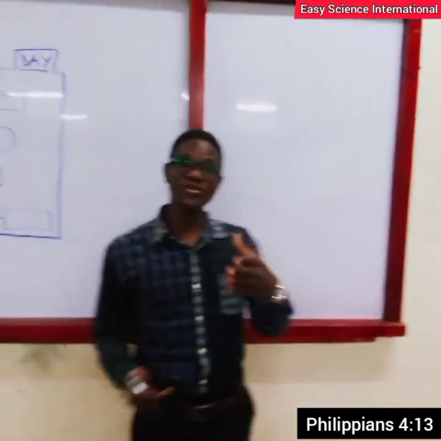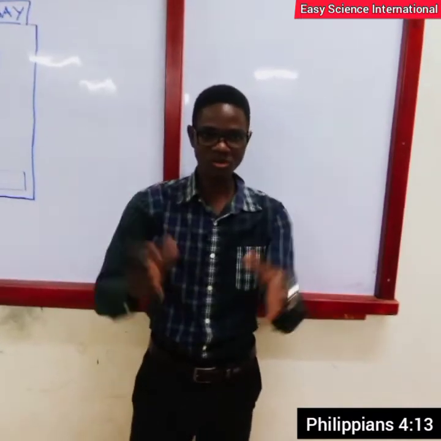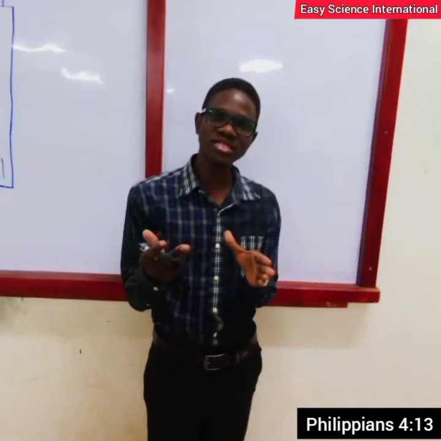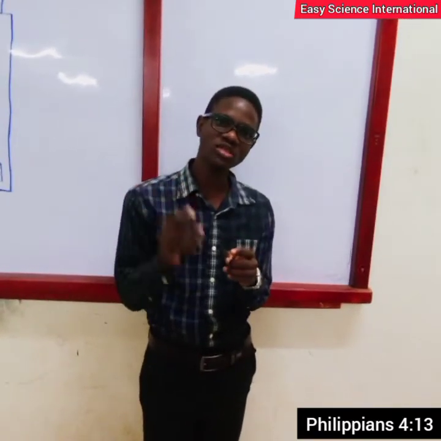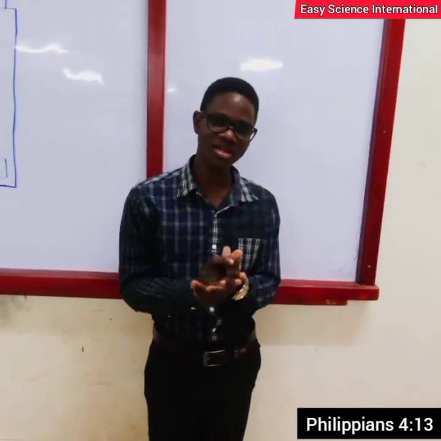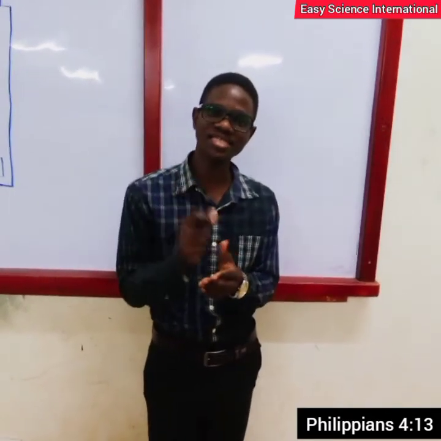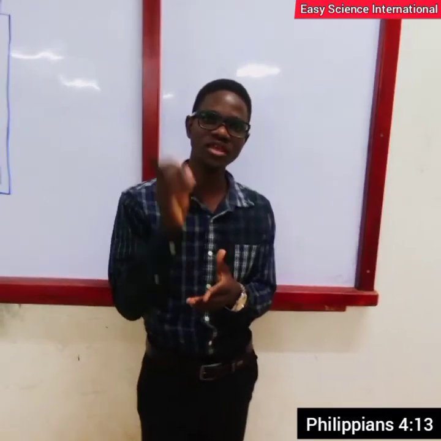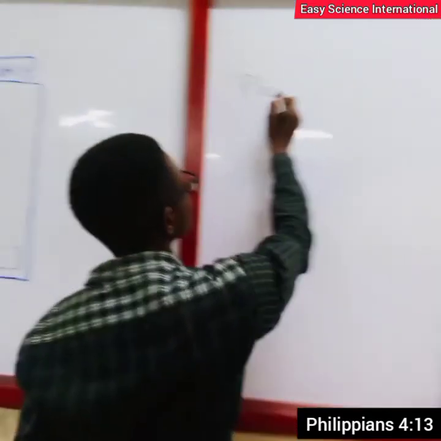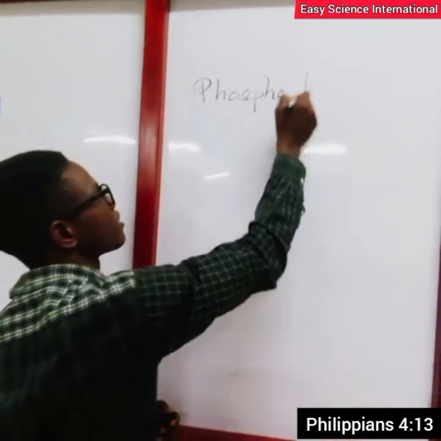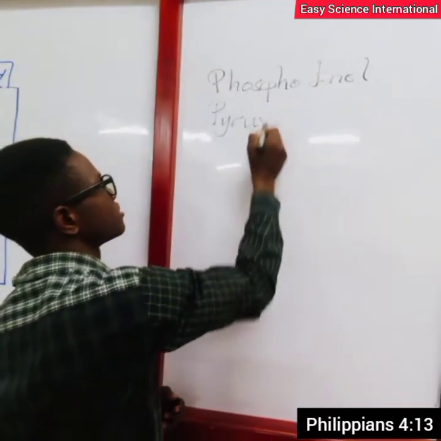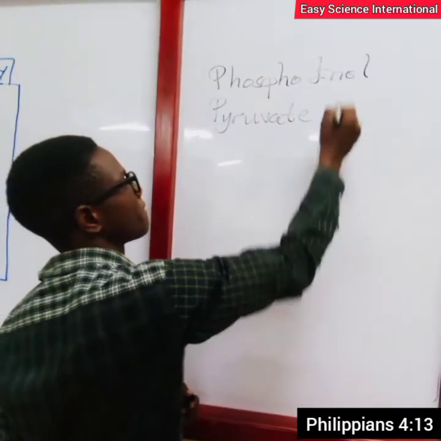Now, during the day, the stomata are closed, but at night, the stomata open. Now, carbon dioxide diffuses into the leaf through the open stomata, if we are to consider one open stoma, and it is accepted or fixed with PEP, that is phosphoenolpyruvate, PEP.